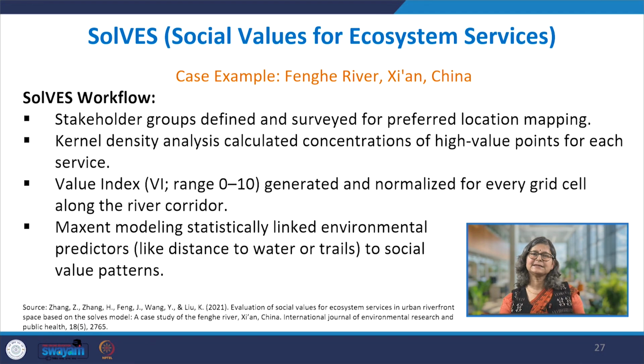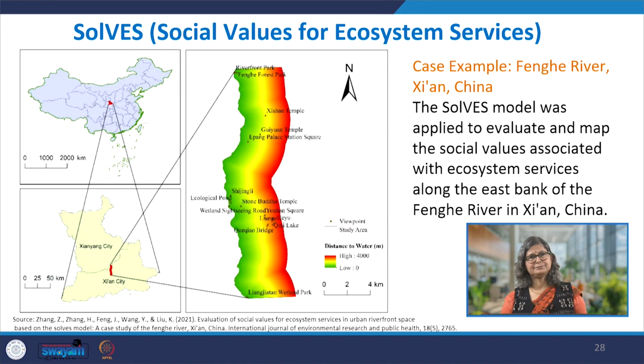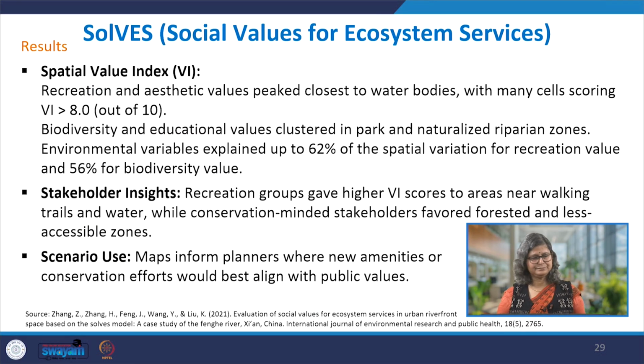This statistically linked environmental predictors, like distance to water or the trails, to social value patterns, sort of explaining why. This is the particular site for which the SOLVES model was applied to evaluate the ecosystem service values.